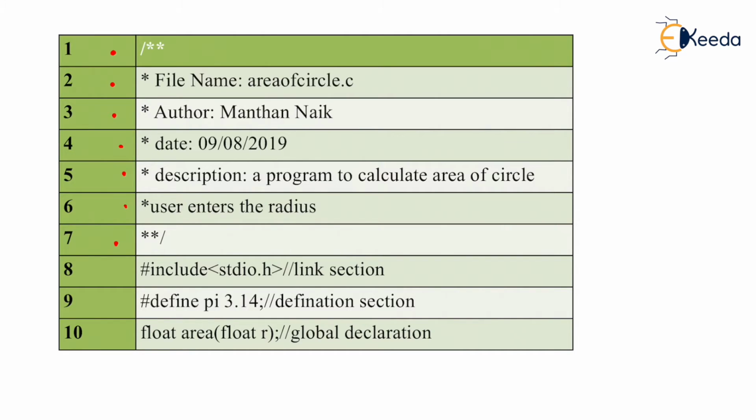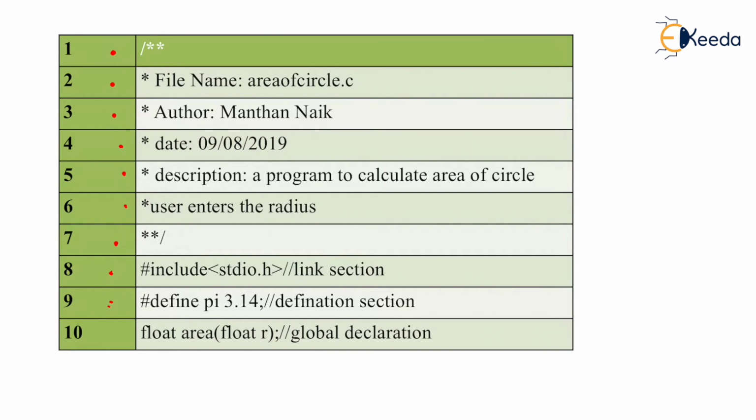After that, lines 8 and 9 perform the definition part. That means the link section. In the link section, we are defining what type of header file we require. So we require the stdio.h header file and we are including it.